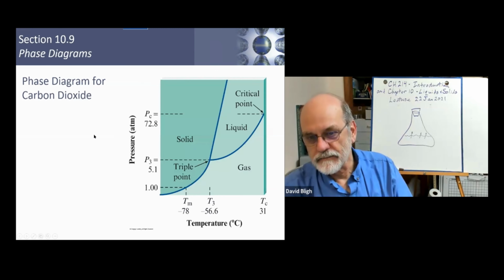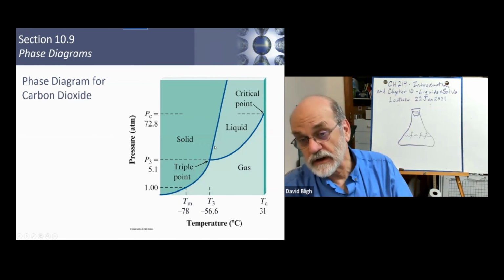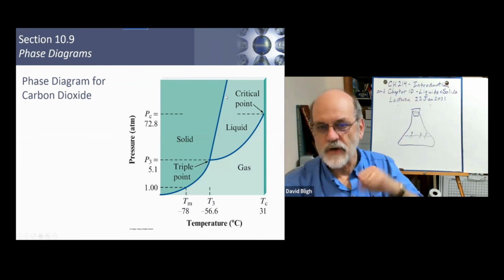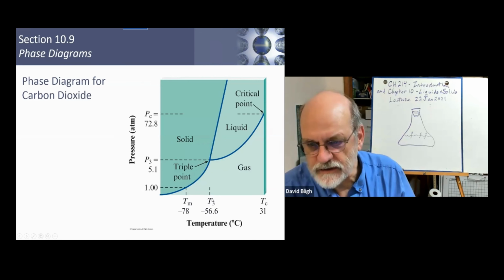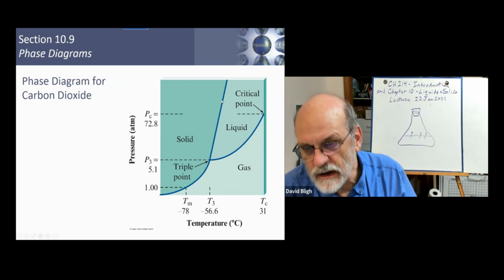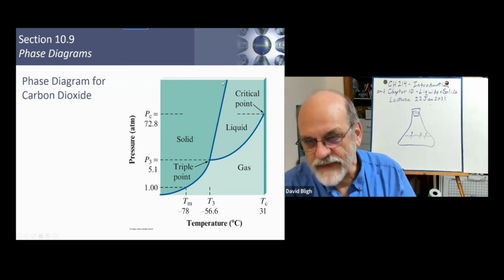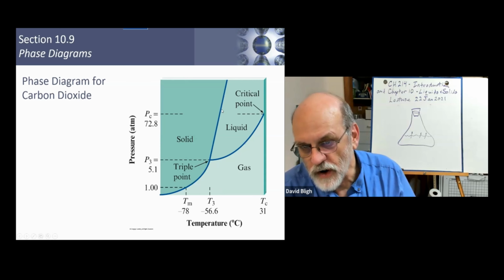Now, normally, notice the solid liquid line slopes to the right. So if we were to hold the temperature constant, say right in here, and we go up here like that, and at that temperature we decrease the pressure, at some point we would cross from solid to liquid.